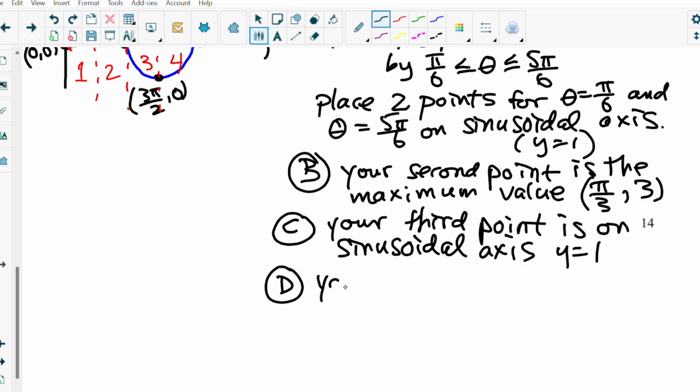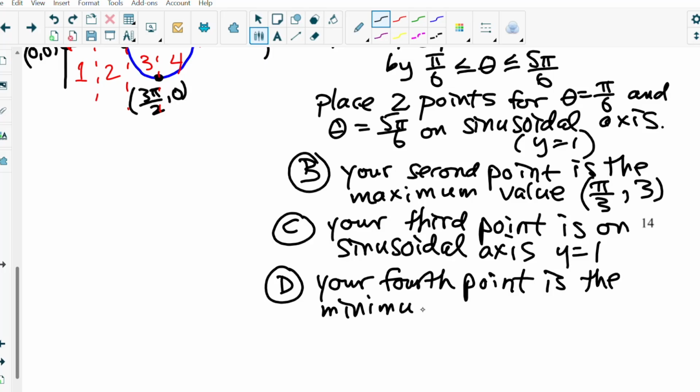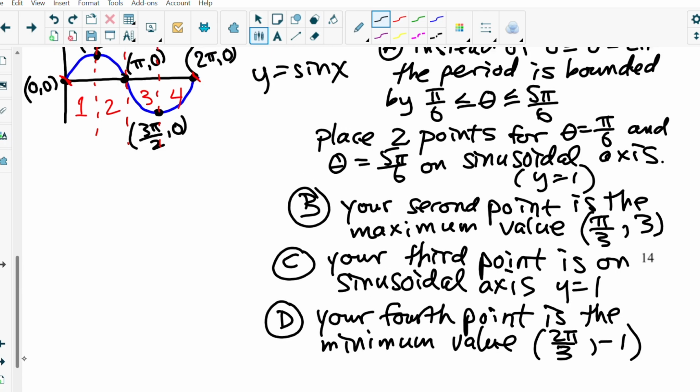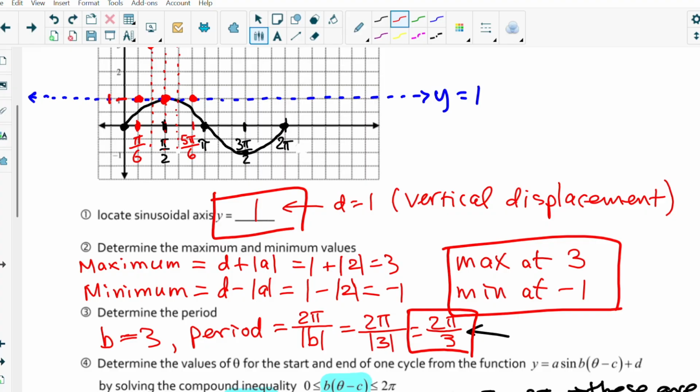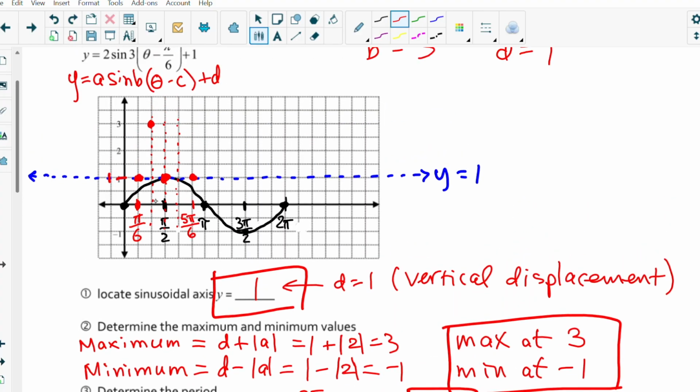Letter D. Your fourth point is the minimum value, 2 pi over 3, negative 1, or also 4 pi over 6, negative 1. Let's show that one, the fourth point, right here.